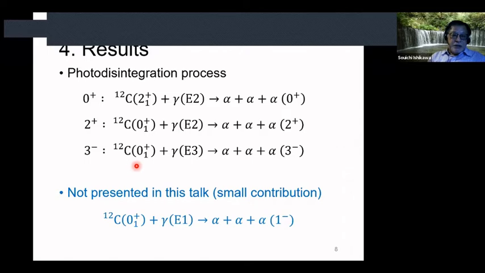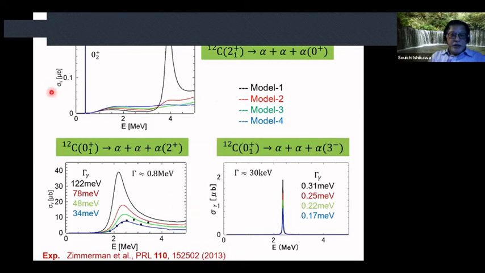And the third one is the 0 plus state to the 3 minus state. I also calculated the 0 plus state to the 1 minus channel, but this is very small, so I'm not sure about this final state. Okay, so this is the result of the photodisintegration cross sections for each reaction.